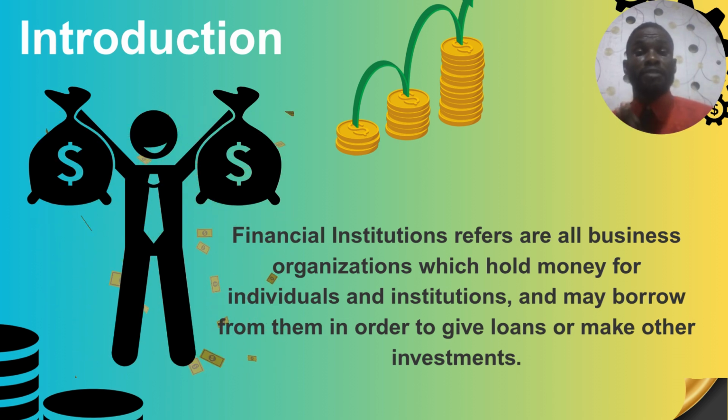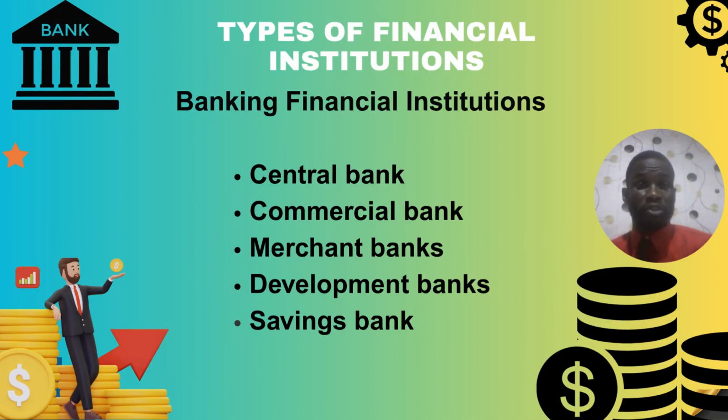Financial institution can be defined as all business organizations which hold money for individuals and institutions that may borrow from them in order to give loans or make other investments. Financial institutions is divided into two. We have the banking financial institution and non-banking financial institutions.